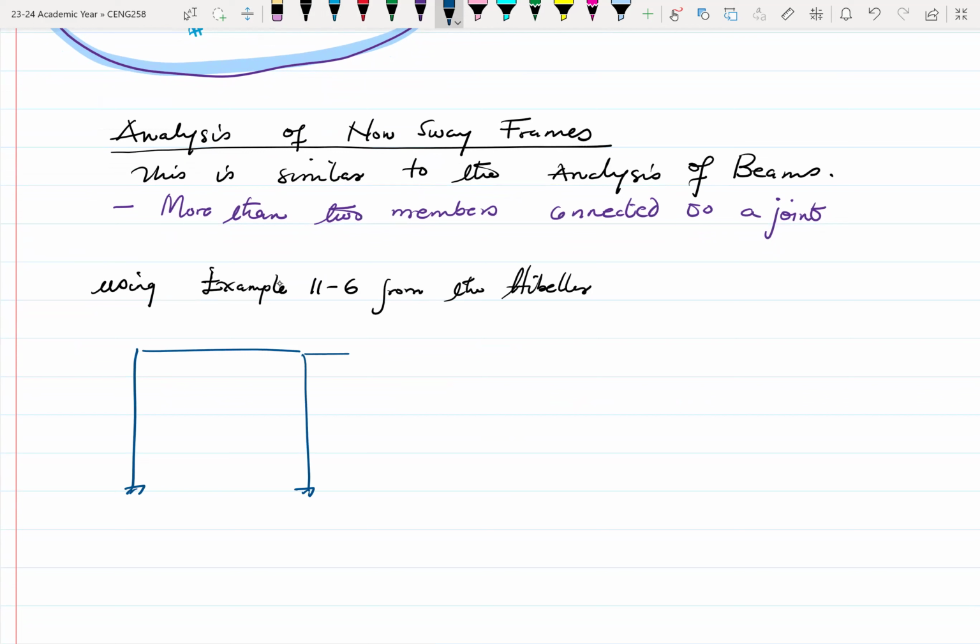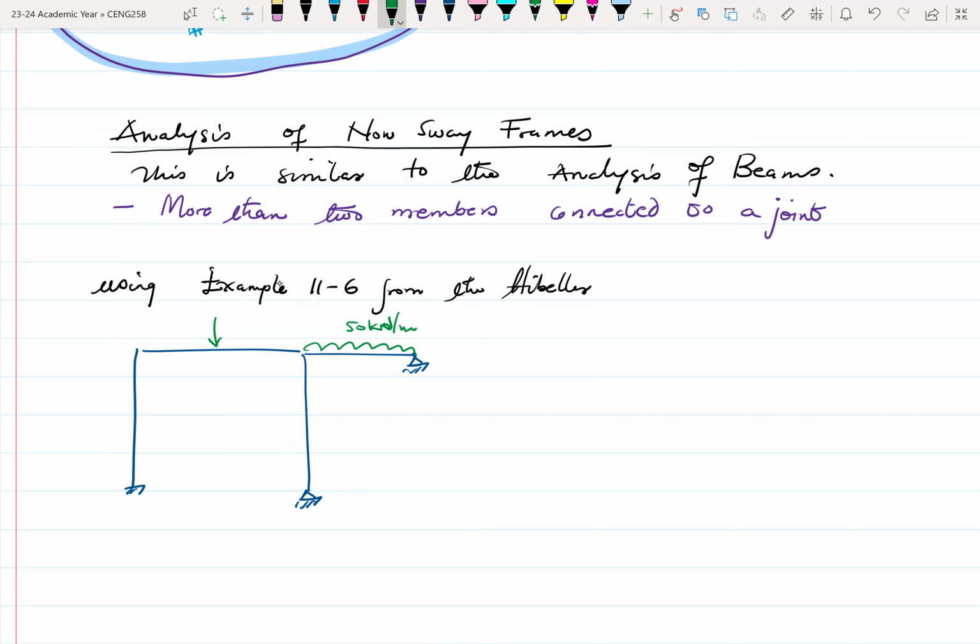Okay. So we do have something like this. Hopefully. Okay, so this is pinned. This is fixed. This is also pinned. Okay, so we'll take advantage of the modified equation. So we have these as our loads. Prefer to use this guy here. Okay, great. So this is 50 kilonewton per meter.